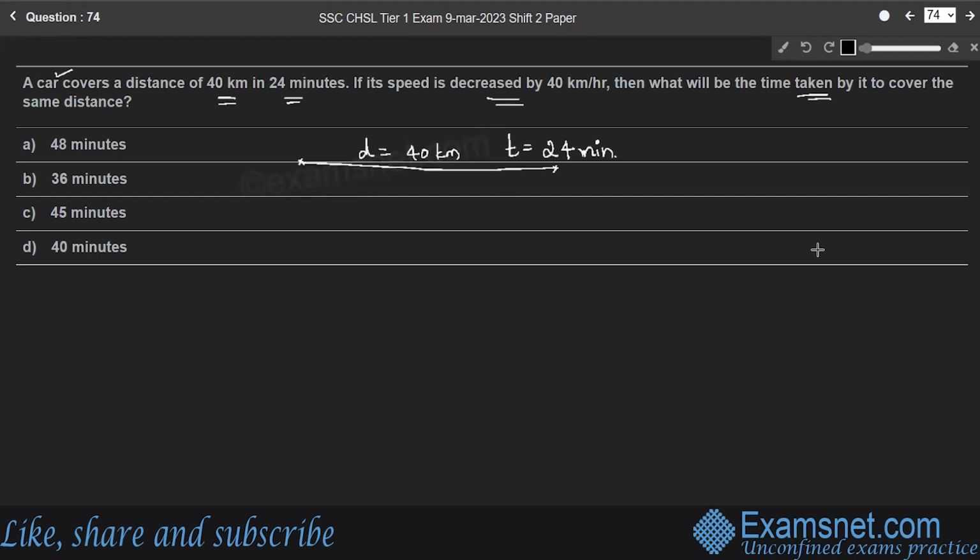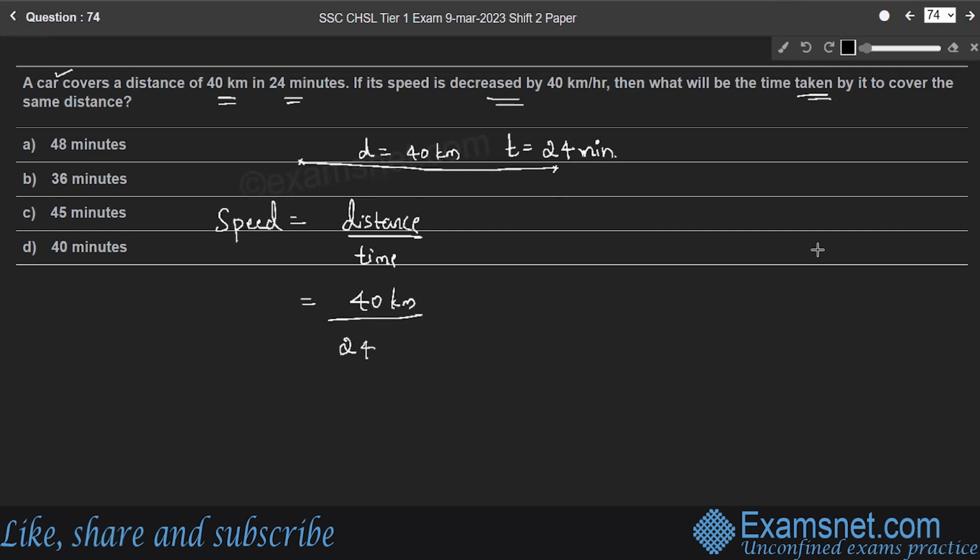Right? So here we need to find the speed of the car first. Speed is always distance by time. Distance is 40 km. Time is 24 minutes.